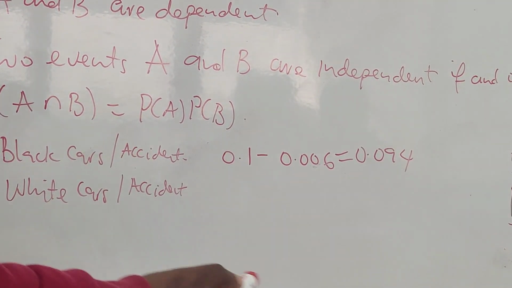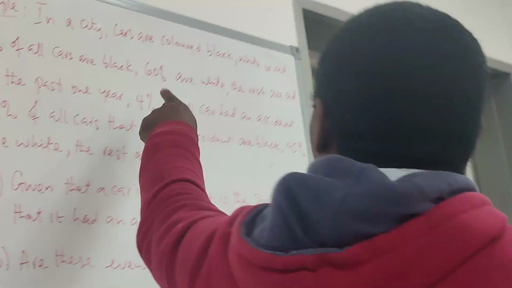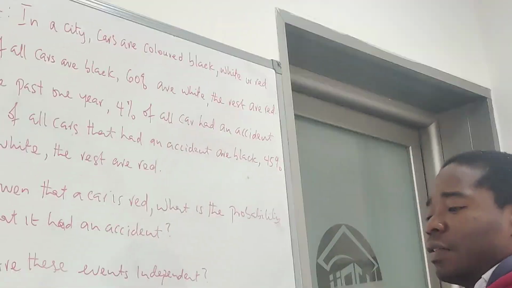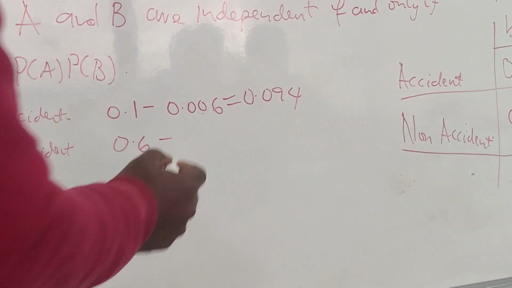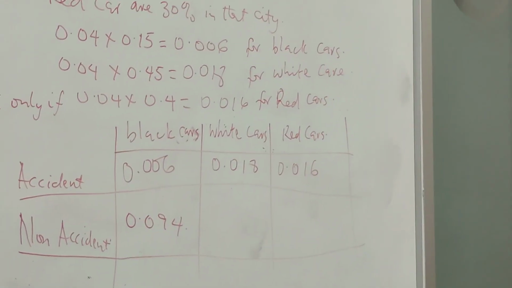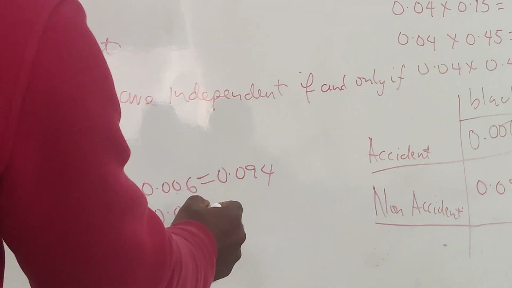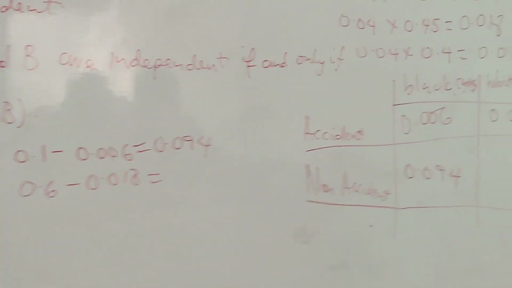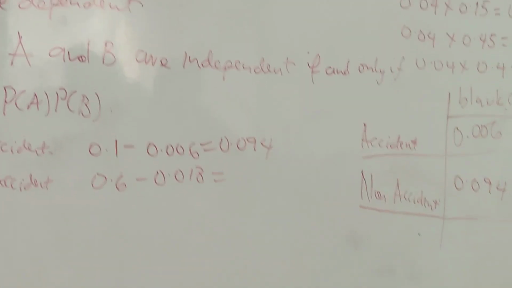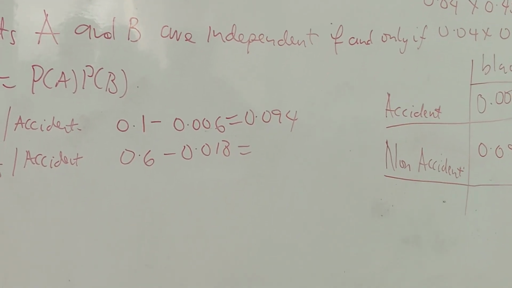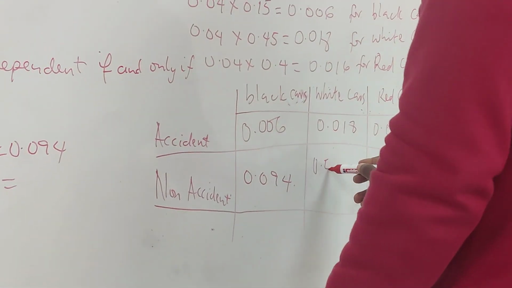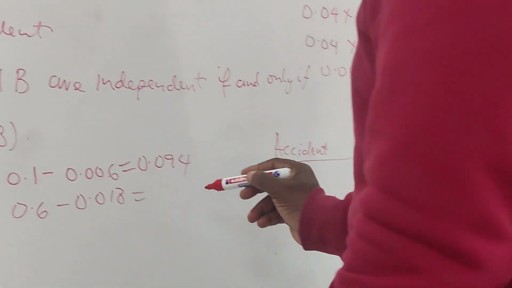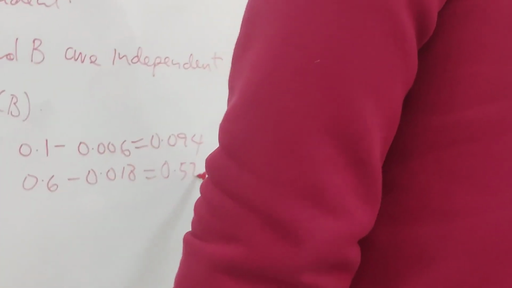Given 60% are white cars, it's going to be 0.6 subtracted from 0.018. Can you punch your calculators and tell me what your answer is? 0.582. So here we have 0.582.